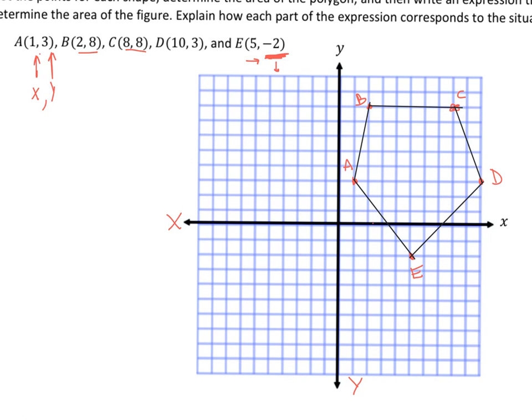It's a pentagon. And now what I need to do is try to find the area of this. And it's a little challenging, but I'm going to break it into a few different triangles to help me out. And I see I can make a couple of them in here. So let me break them apart into triangles. So there's my first line, and I got a triangle down below here.